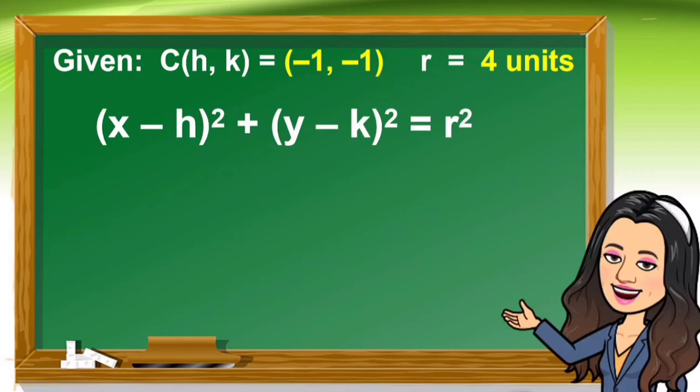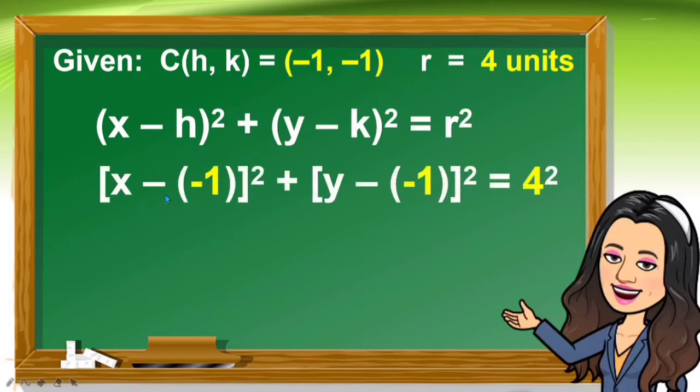If the center of the circle is not at the origin, we will be having the point (h, k). Substituting the value of h and k to our standard form of the equation of the circle, and at the same time the value of r, we will arrive at the square of the quantity x minus -1 plus the square of the quantity y minus -1 is equal to 4 squared.